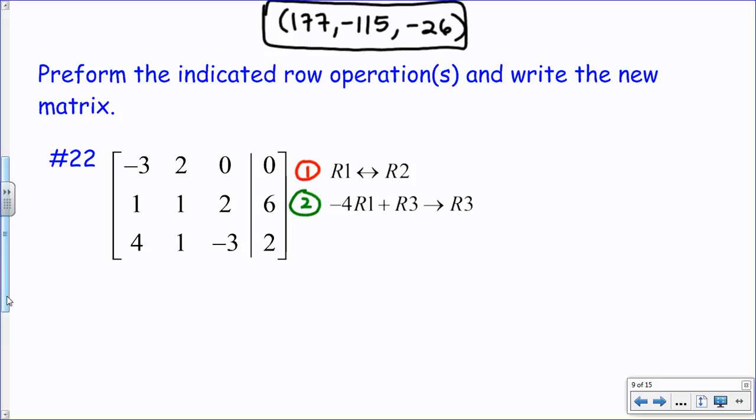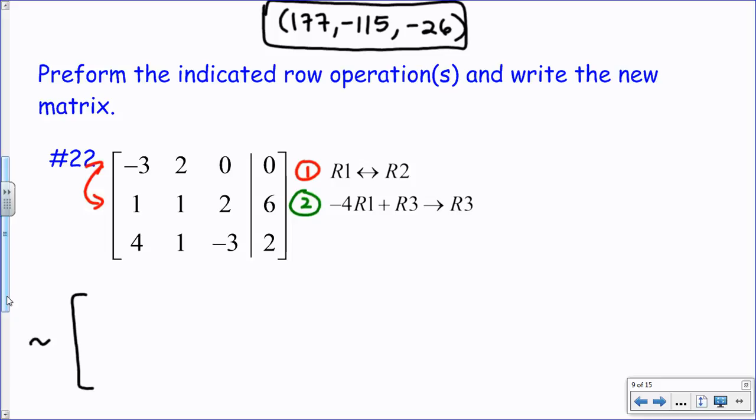Okay, so the first step here says that I want to swap row 1 and row 2. So I'm just going to switch their order. I'm not changing anything, but I am going to switch their order. I use this little symbol for matrices, like saying equals, it means equivalent. So these will be equivalent matrices, just the rows are swapped.